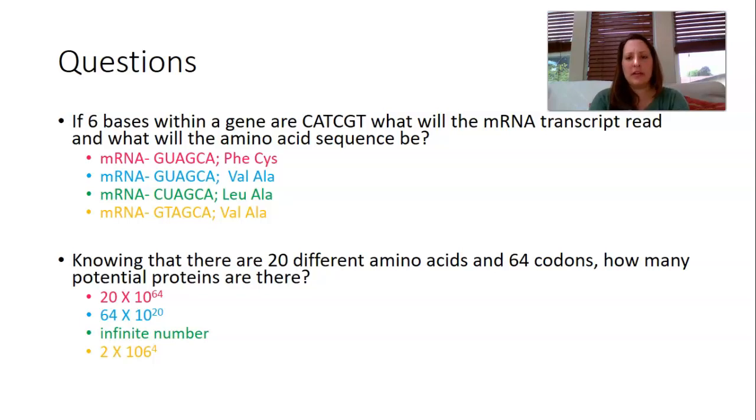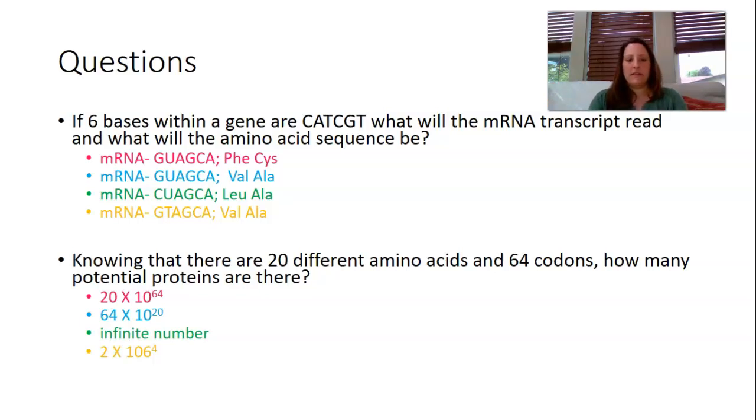Now for this one, you're going to have to flip back to the genetic code figure, the box that shows you, if this base is followed by this base, the amino acid that you would get. You'll have to flip back to that in your notes or your textbook.